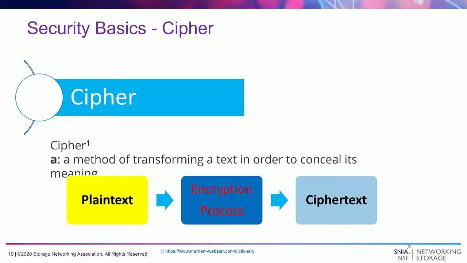It's really that simple. There could be many different ways of doing this. It does not necessarily have to be digital. There are mechanical means, as you just saw with the skytale previously. So it's simply a transformation of some message to some other form that at a glance obscures the message.